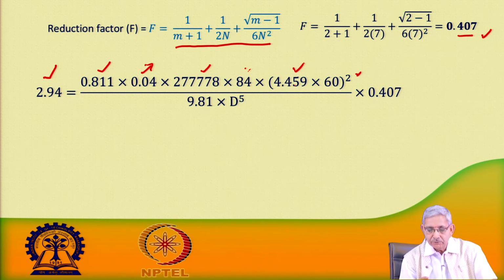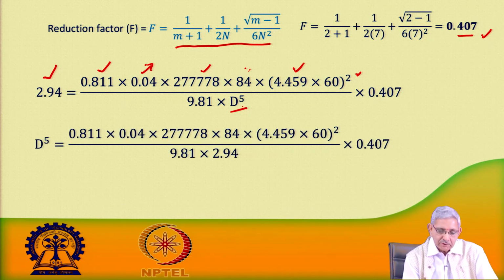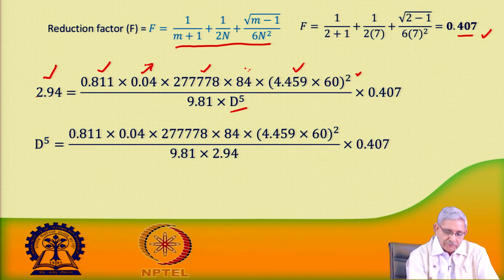So 4.459 into 60 divided by 9.81 d to the power 5, that is 2m plus n, with m equal to 2 and n equal to 1, so d to the power 5.